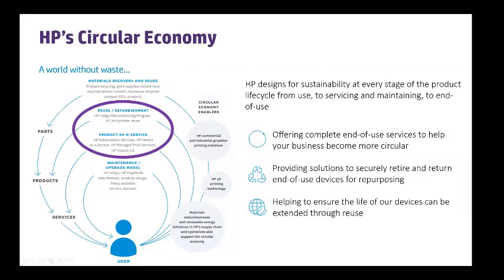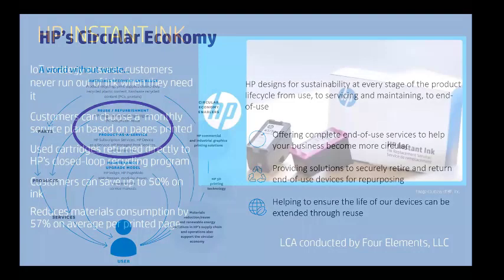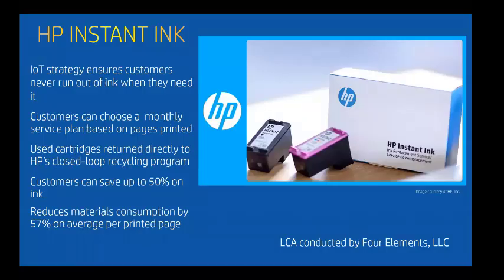Okay, so now I'll step into some examples. The first one is Instant Ink. And what you'll see, I'll show 3 slides that are similar to this, one for each one of these business models. And the text that's on here is what the business model brings to the customer. In this case, Instant Ink was developed, one, to save the customer money since they're not having to buy those expensive ink cartridges, and 2, to reduce the biggest dissatisfier that our customers had around ink, which was not cost.